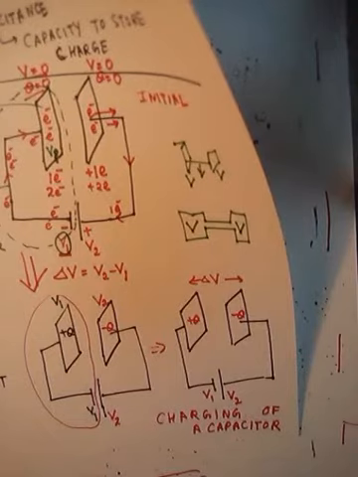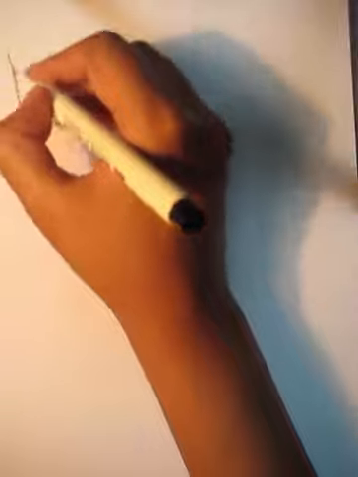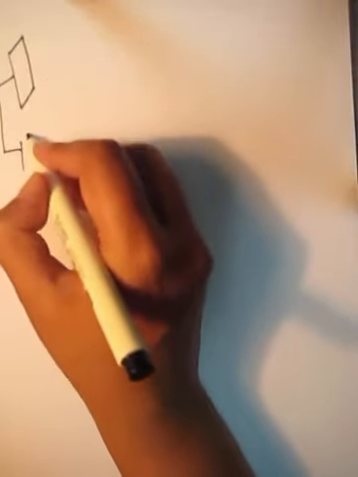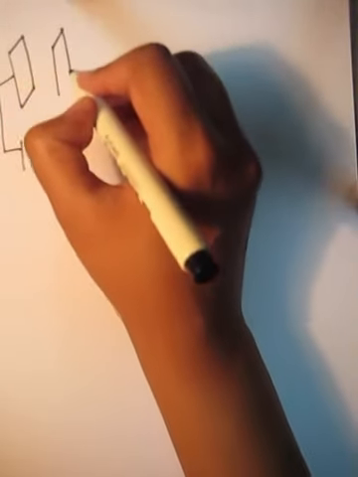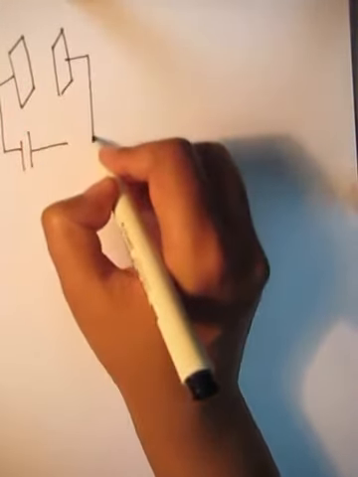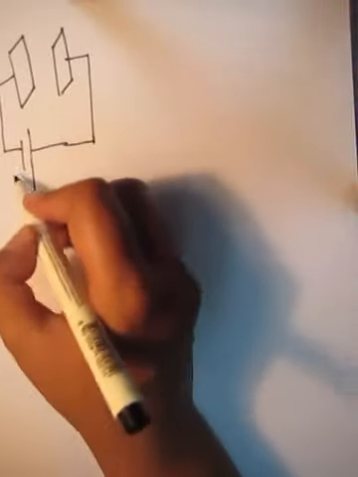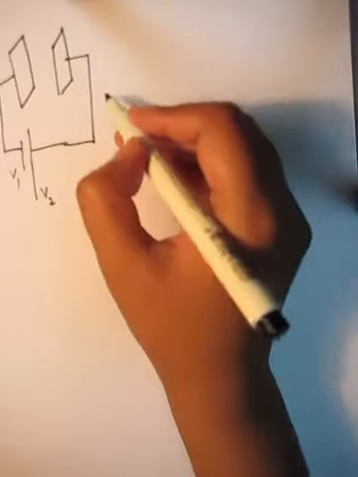Now, this capacitor has very typical characteristics, and sometimes it is difficult to understand. So let me explain it to you again. If you have a plate attached to a battery, then initially it is V1, it is V2, and potential is 0, charge is 0.